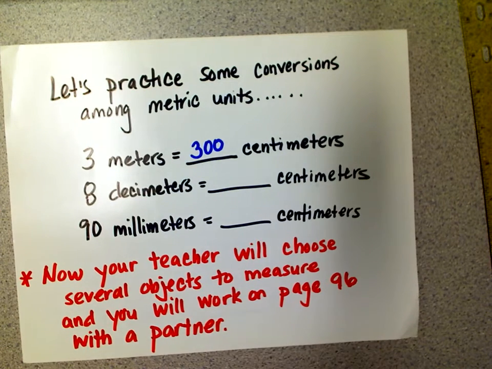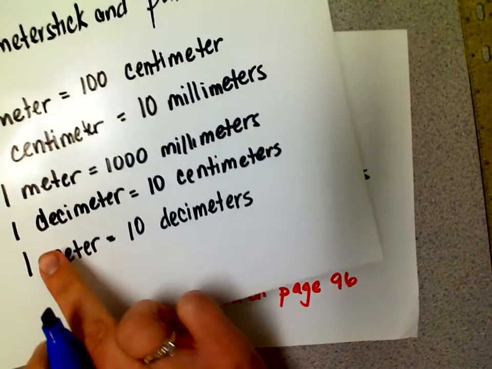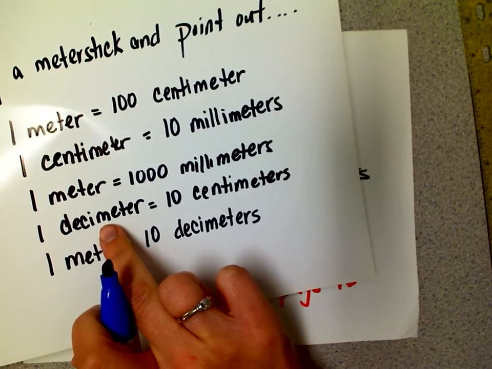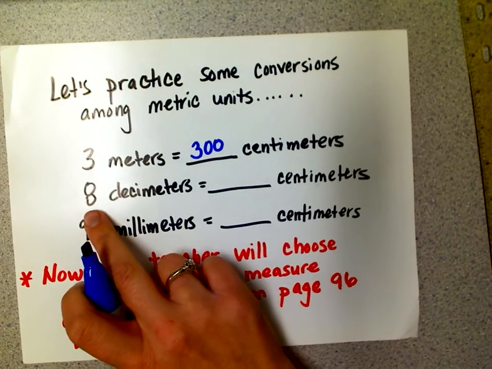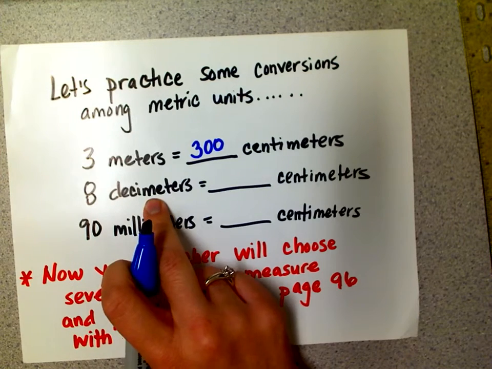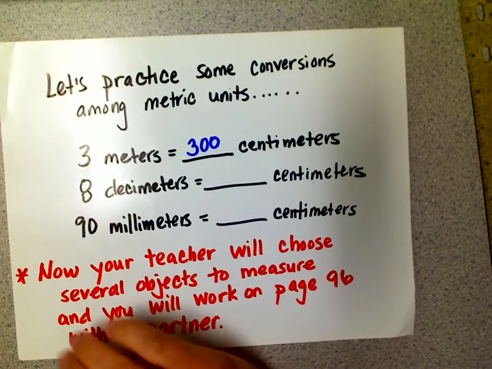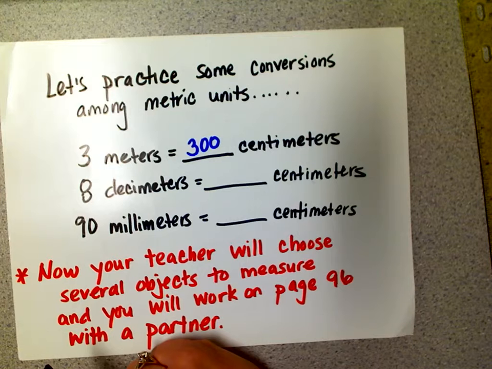Okay, let's try another one. 8 decimeters equals how many centimeters? Now again, if I look at my conversion here, 1 decimeter is 10 centimeters. So if we have 8 decimeters, how many centimeters would you have? Please turn and talk to your partner.